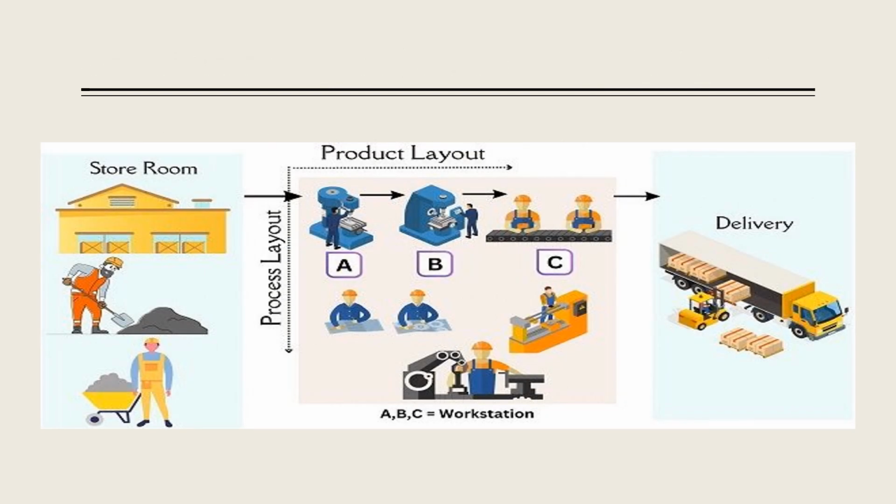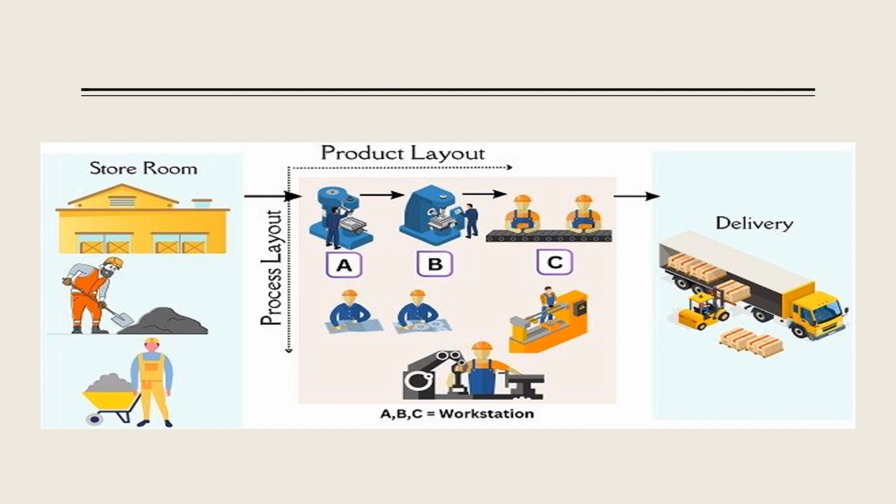Since you have a better understanding of the product and process layout, it would be convenient for you to understand this combination layout. So here you can see A, B and C reflect the workstations of the production. Here there's a sequence of order and they have used the product layout.